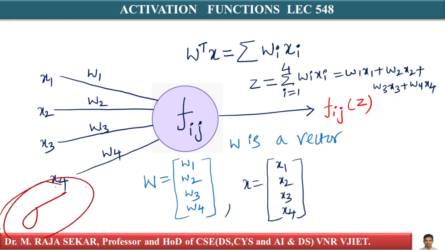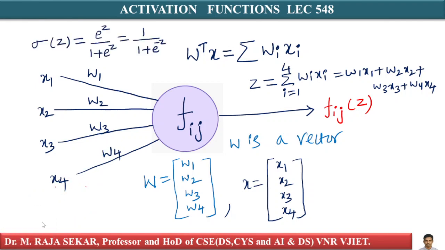I can represent it with sigma. This F_ij is a sigmoid unit, so let's represent the sigmoid unit with the sigma sign. Sigmoid of z equals e^z divided by 1 plus e^z, which is equal to 1 divided by 1 plus e^(-z). How do I get this? I divide by e^z in the numerator as well as the denominator, so that I get 1 by 1 plus e^(-z).